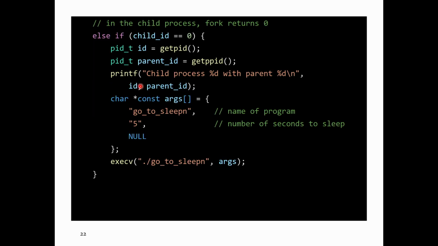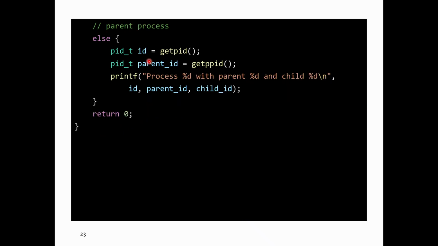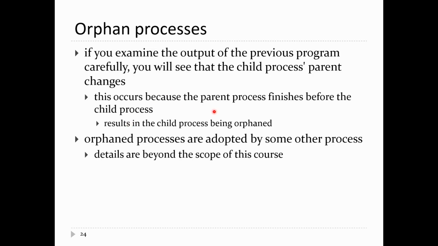So the child process calls exec to run a program. That program sits around for 5 seconds. The parent process just prints out some stuff and then it returns. So the parent process finishes, but the child process is still running.